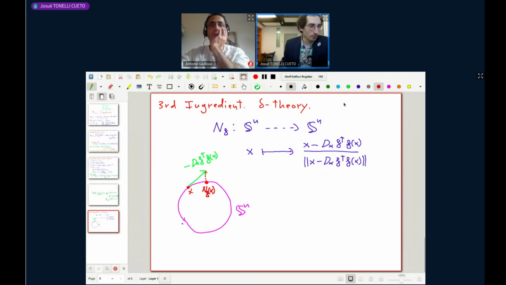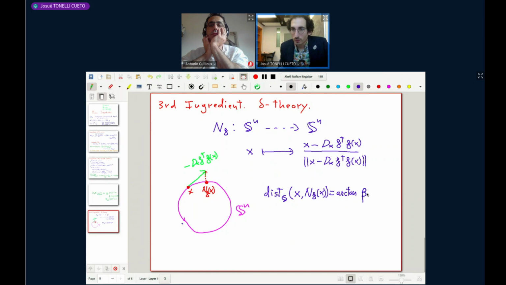So from here, for example, you can see the thing I was saying before. The distance in the sphere between x and nfx is equal to the arctangent of the length of this vector, which was beta fx, and beta fx was equal to this guy.